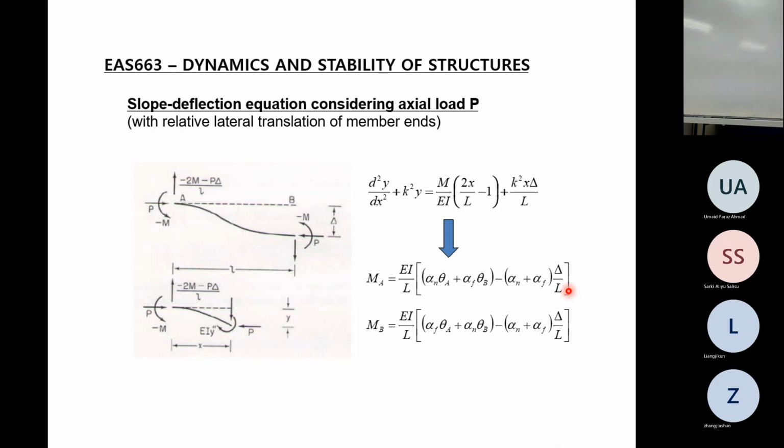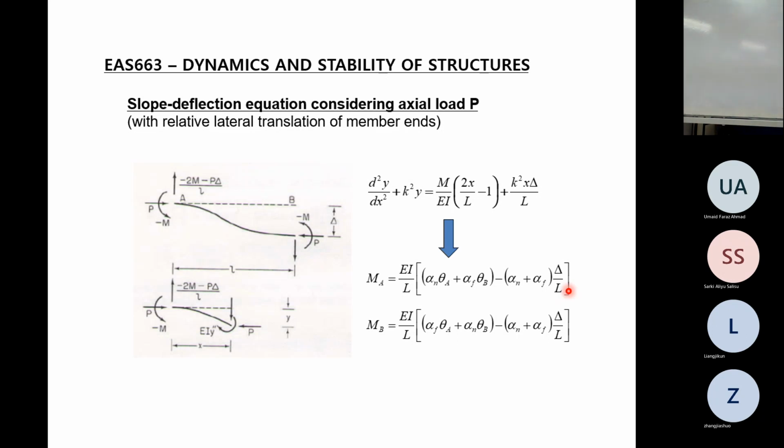When there is no relative end translation, there is no relative lateral translation of the end. What is important is how much this end translates relative to this one. That is represented by delta in this positive y direction. So if delta is 0, then this term is 0.